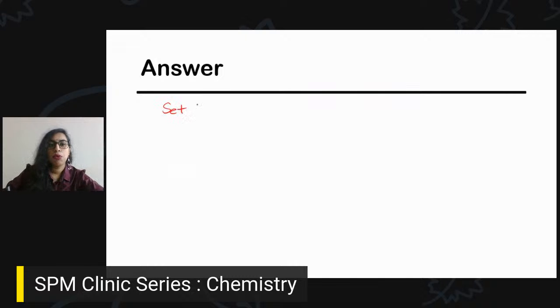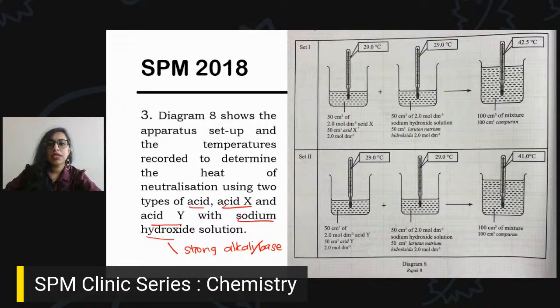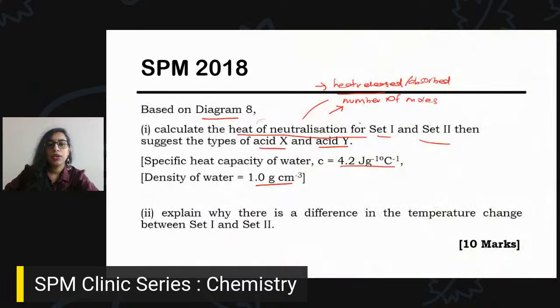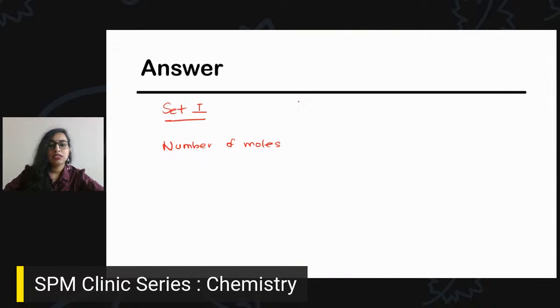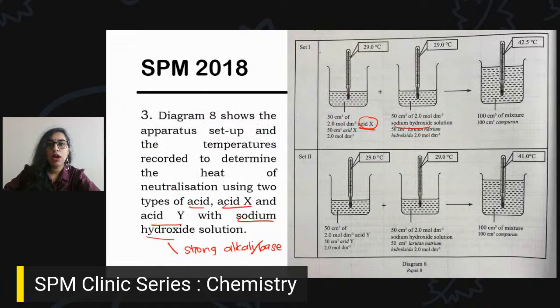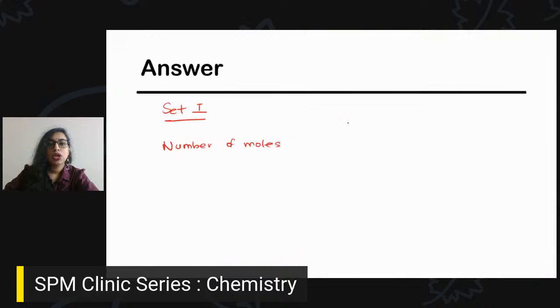So set 1. Okay, so number of moles we are going to calculate. Since in this diagram there's acid and there's base, we are going to calculate for both. Let's calculate for acids first. Set 1 focuses on acid X. So we're going to calculate the number of moles of acid X. How are you going to calculate it?